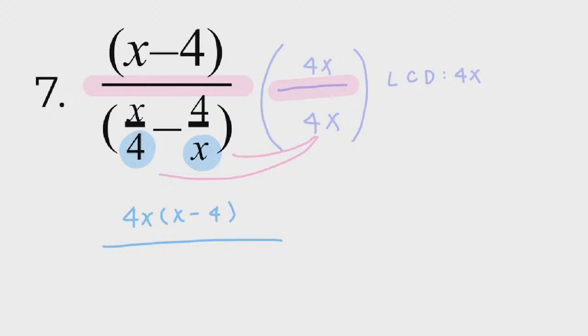So x over 4, here, let me write that on the side. x over 4 times 4x. The 4's can cancel out, so we're left with x squared. And that's going to be the first term in the denominator. And in the second fraction, we have negative 4 over x times 4x. So the x's can cancel out, and we have negative 16.